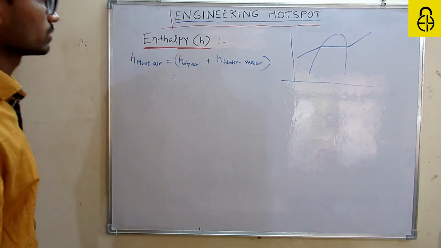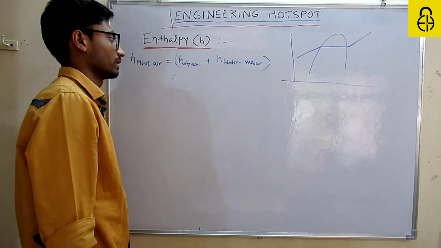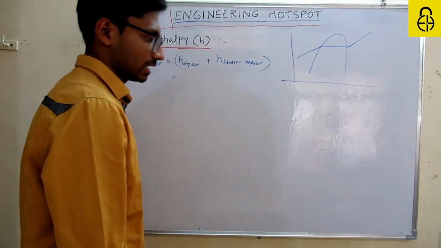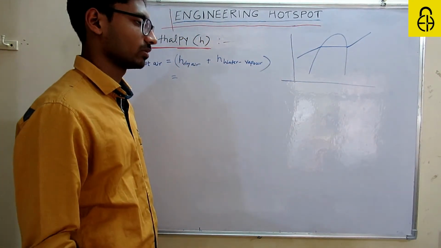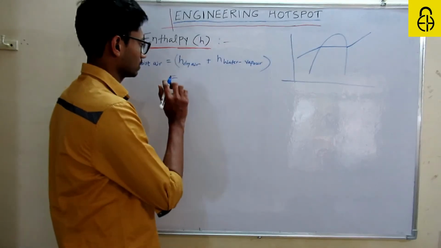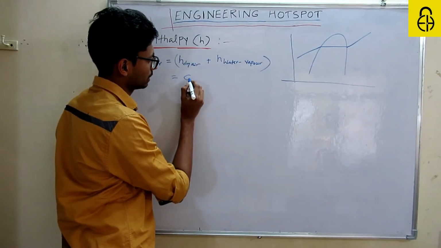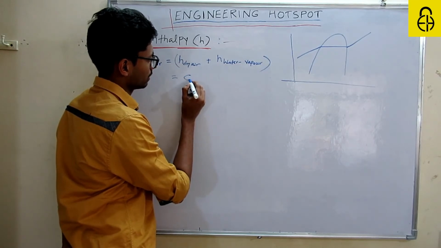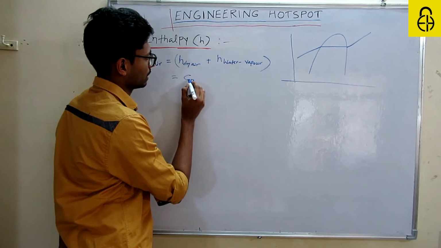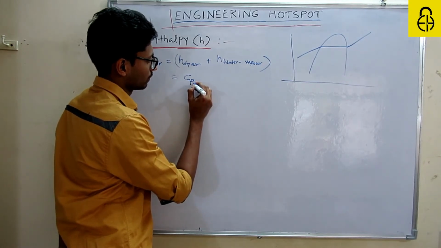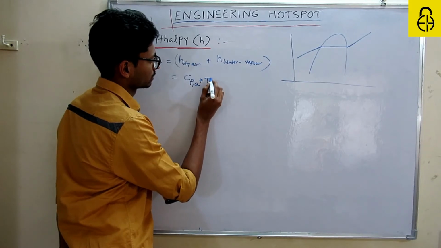Now, if you want to calculate the enthalpy of dry air, what is dry air? Dry air means only the air part, no vapor. For an ideal gas you can write enthalpy as Cp of dry air into temperature.